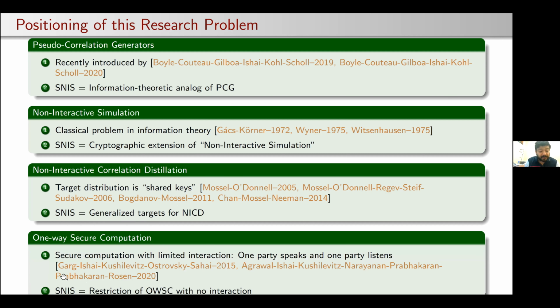In 2015, Garg, Ishai, Kushilevitz, Ostrovsky, and Sahai introduced a notion of one-way secure computation, a notion of secure multi-party computation where only one party speaks and everyone else listens. So secure non-interactive simulation is a restriction of one-way secure computation where no interaction is permitted.